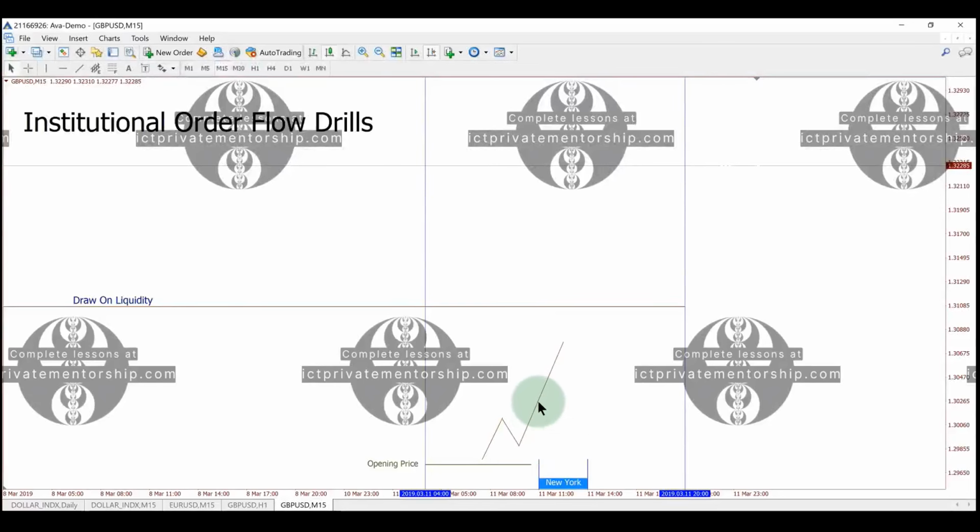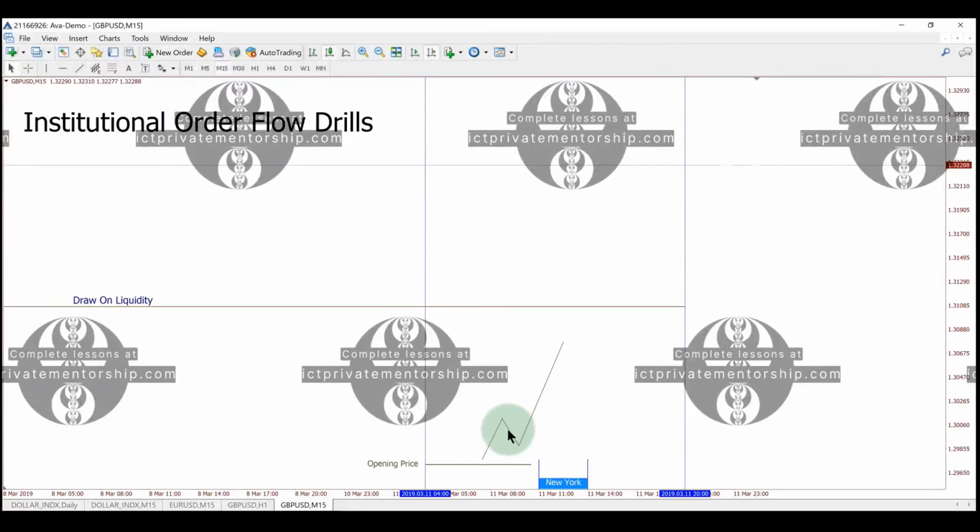My mind immediately goes inside of this range here, and I'm looking for inefficiency. I'm looking for periods of where there's one candle that just doesn't have any rebalancing. In other words, it's just one little single candle, and it can be as small as 3 or 2 pips, and that's going to be enough for me.